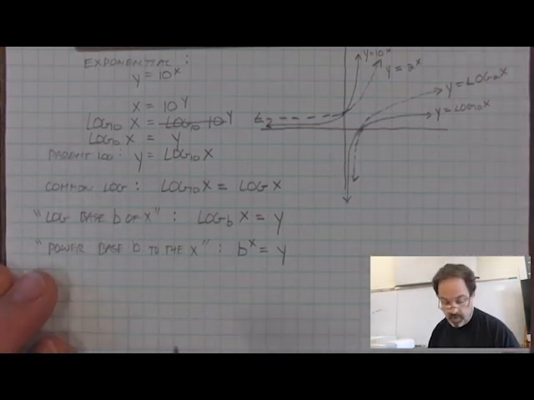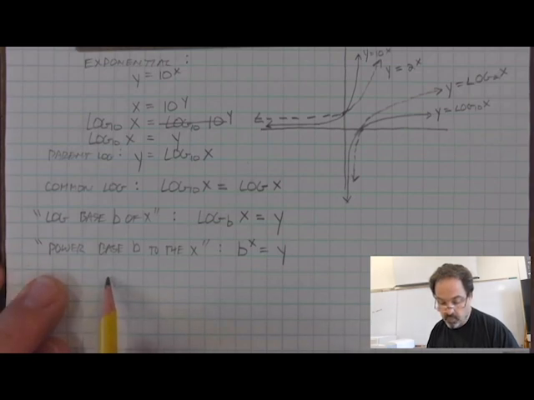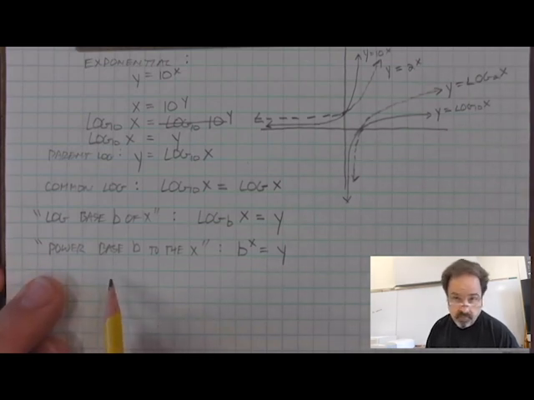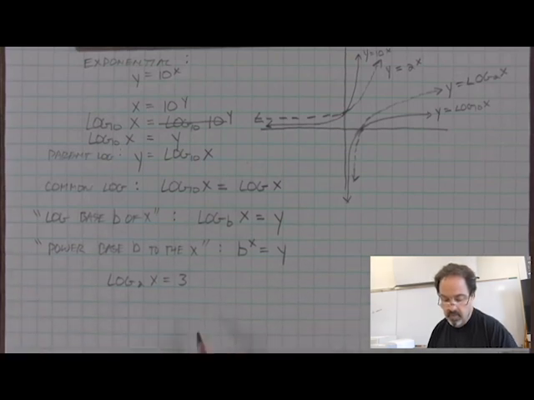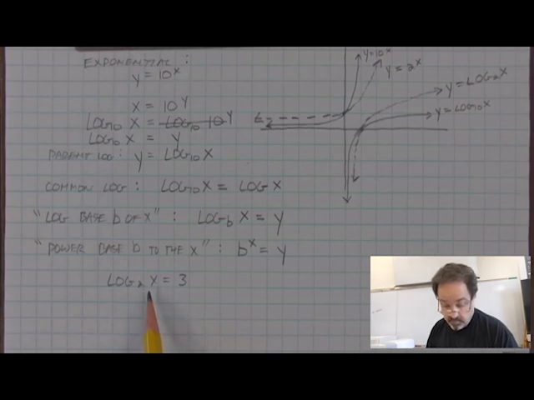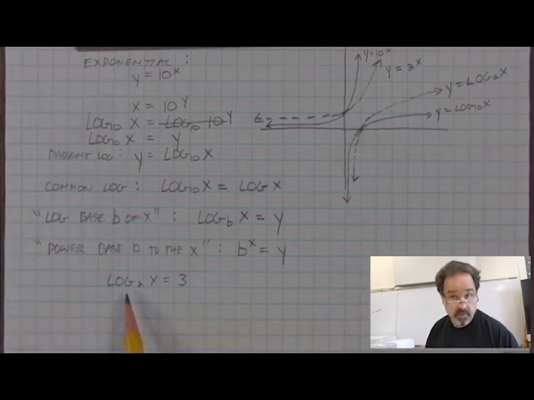Let's get a little more practice solving equations with exponentials and logarithms. We could have log base 2 of x is equal to 3. There's one variable here. I ought to be able to use algebra to solve for it, which means get it alone by itself. What's being done to x is an operation, log base 2.